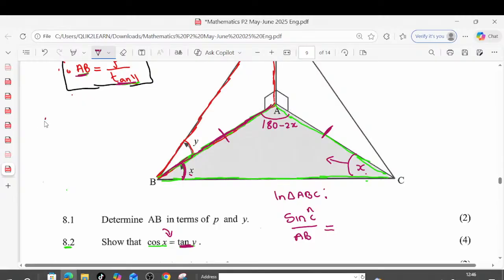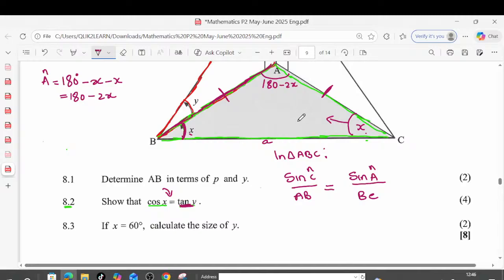So angle A will be equal to 180 degrees minus x minus x, which is just the same as 180 minus 2x. That is that angle. So this will be my small a. So on top, I'm going to have the sine of angle A, everything divided by BC.